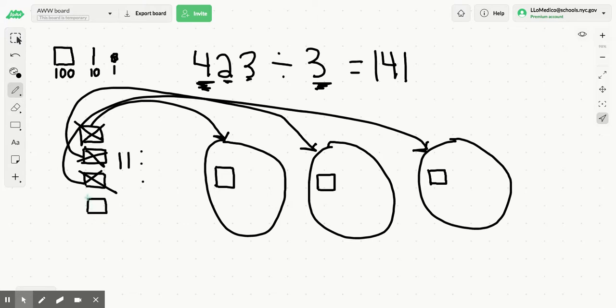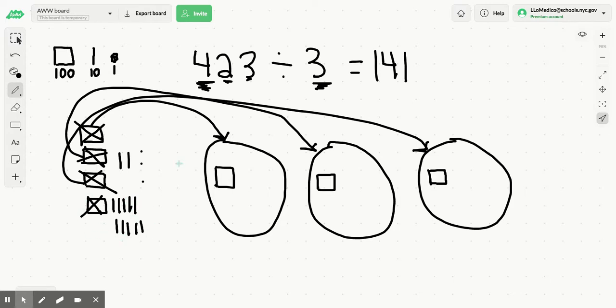Okay, so I'm going to basically put this flat away and instead trade it in for those 10 10s. So if you count 10, 20, 30, 40, 50, 60, 70, 80, 90, 100, this still equals 100, okay?